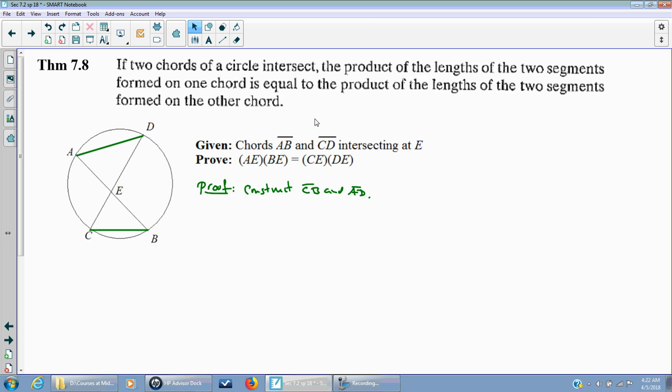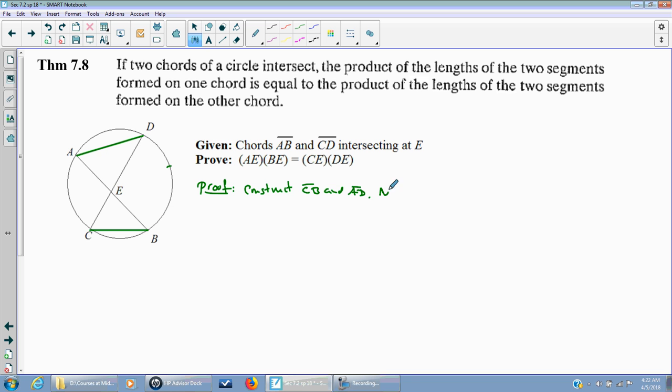Now, let's take a look here. We're looking at the arc DB now. This arc. And notice that there are two angles that inscribe that arc.